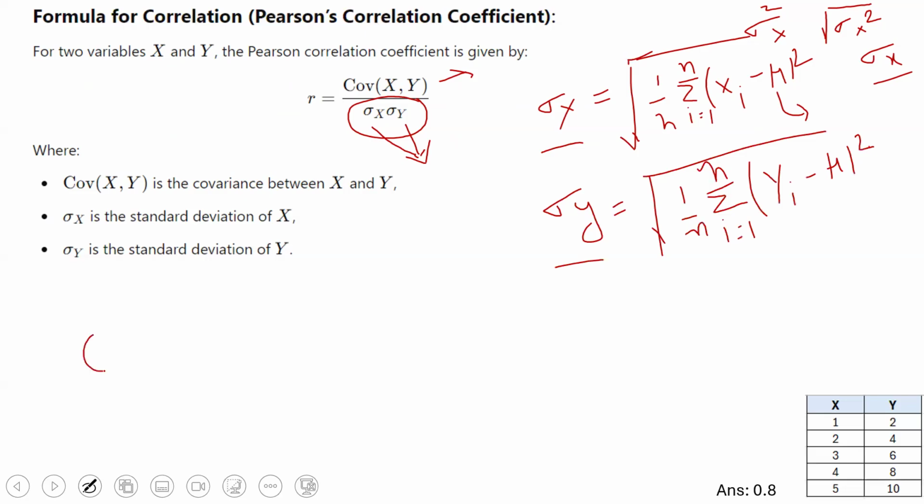Now what is the value of covariance of x comma y? Kranti?